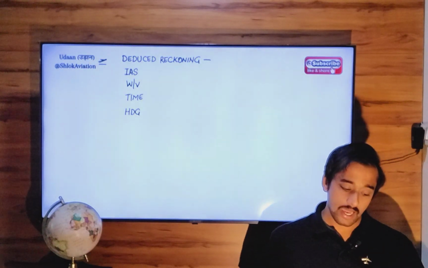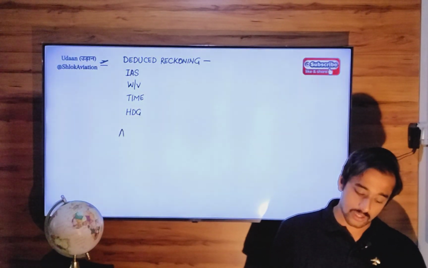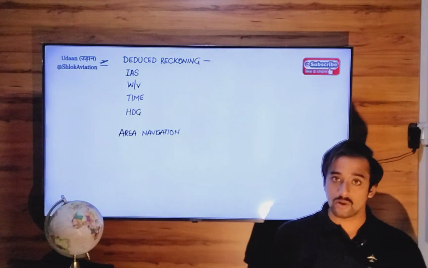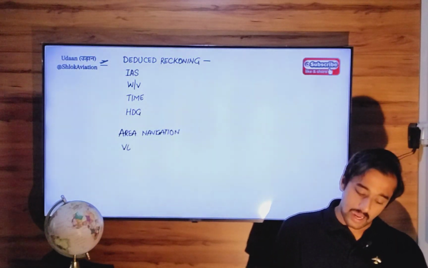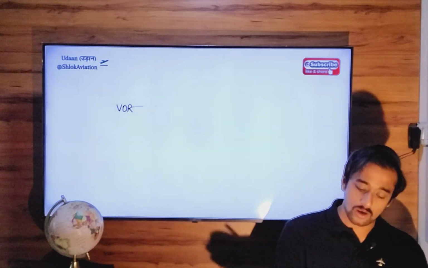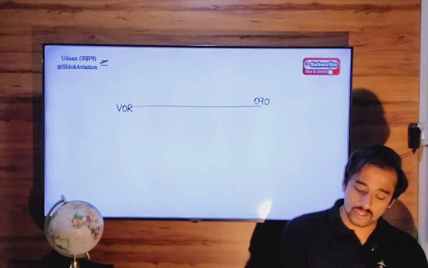Okay. Now area navigation, opposed to that, is RNAV. In this, you estimate your position using VOR and DME. Now let's say this is your VOR station and this is the radial of that VOR station, radial 090.